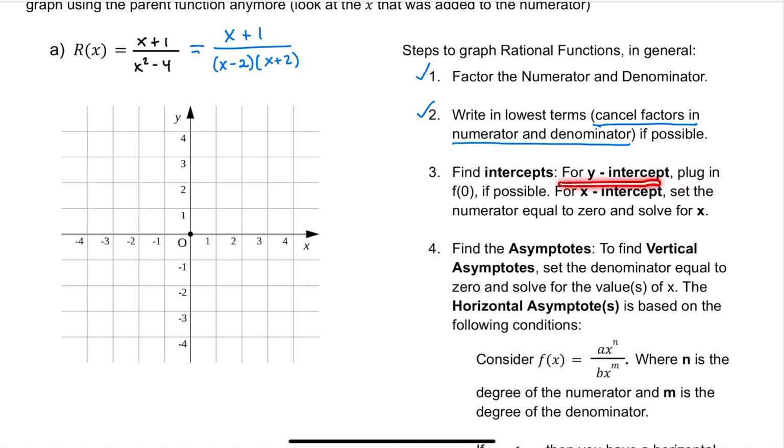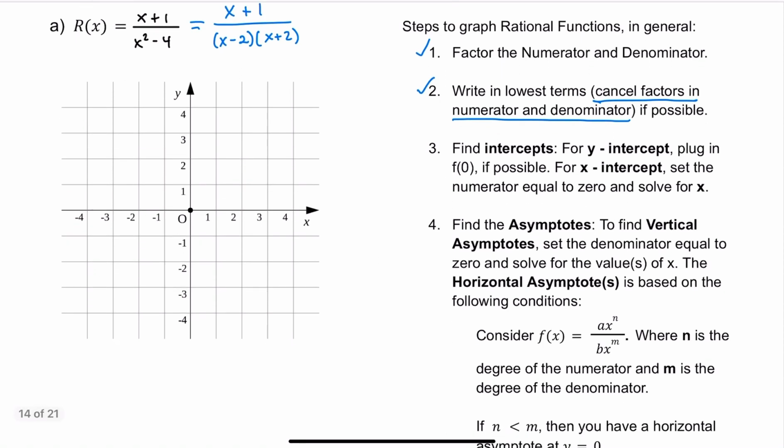So for the y-intercept, it tells you explicitly plug in 0 into your function, if possible. And then for the x-intercept, set the numerator equal to 0. So anytime you ask yourself, well, I don't know how to find the x-intercept, no matter how crazy your rational function is, this process should not change for the most part, okay?